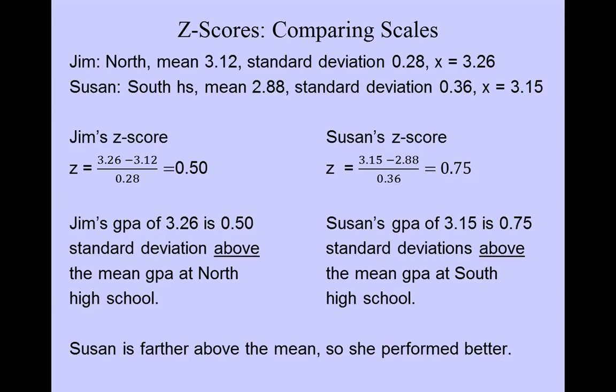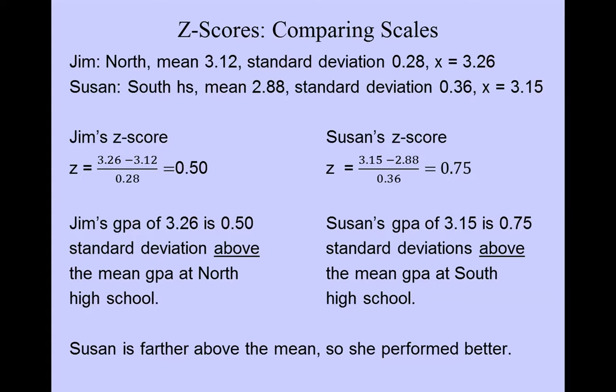Recall the information indicates that Jim went to North High School, where the mean is 3.12, the standard deviation is 0.28, and his GPA was 3.26. Susan went to South High School where the mean GPA is 2.88, the standard deviation is 0.36, and her GPA is 3.15.